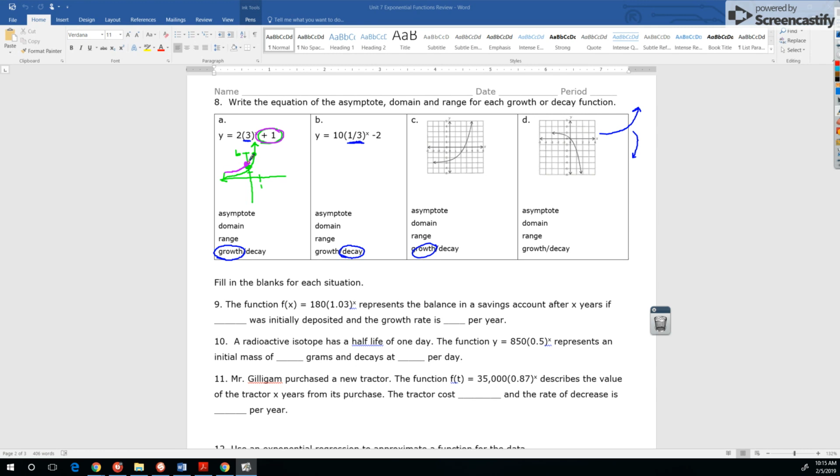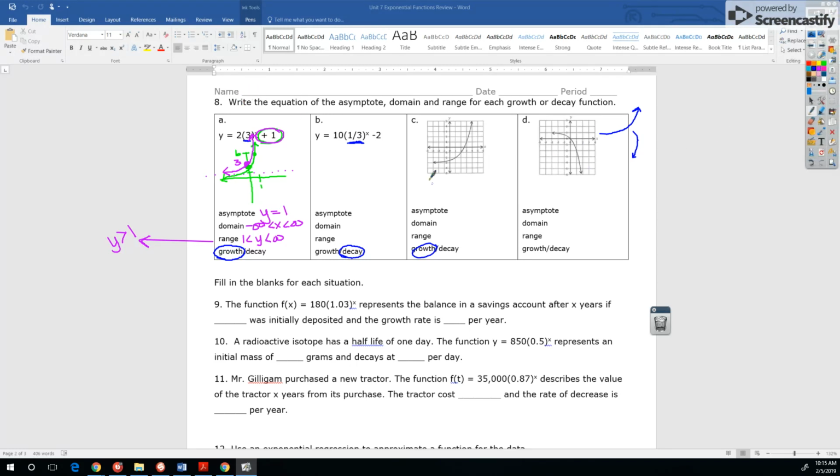So my y-intercept would now be at 3. And my asymptote would be here at 1. Your asymptote always matches whatever's adding or subtracting. Y equals 1. Now my domain every single time is all real numbers from negative infinity to positive infinity. And my range is from 1 to infinity. Or sometimes you'll see the range written as y is greater than 1, that it's 1 and above.